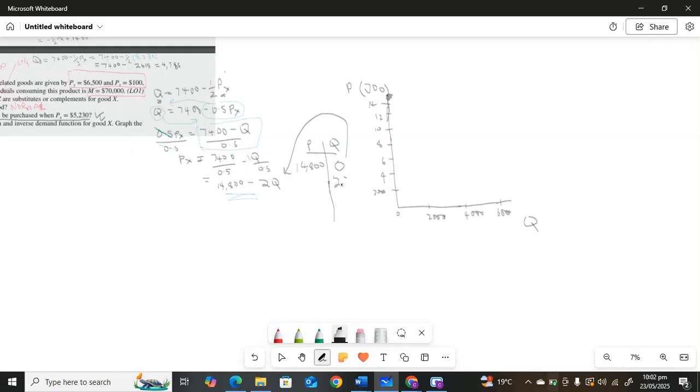Then next, when Q equals 2,000, again, you substitute this into the inverse demand function. 2,000 times 2 is 4,000. 14,800 minus 4,000 is 10,800.